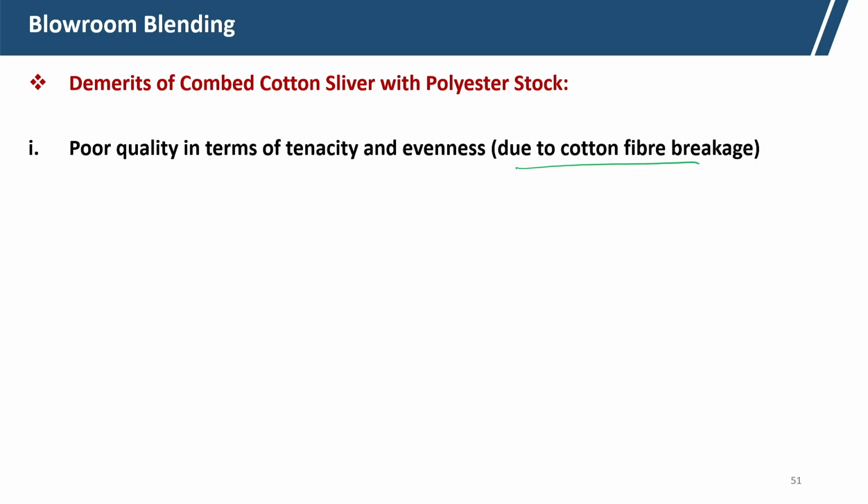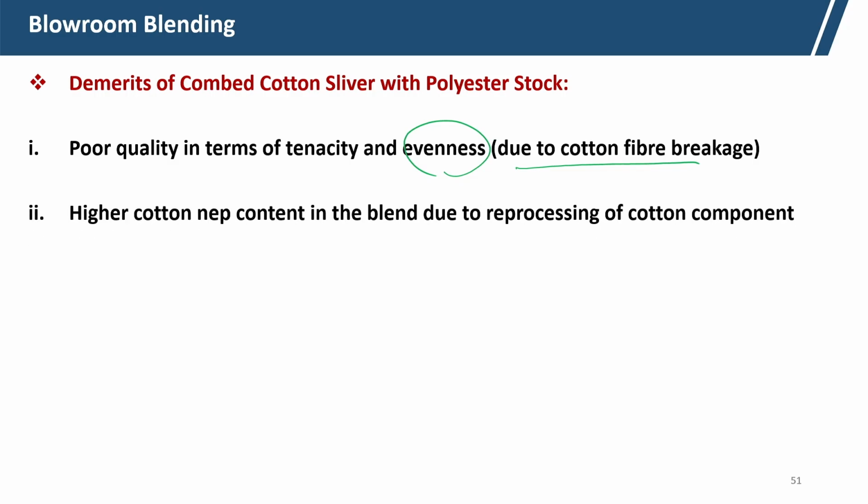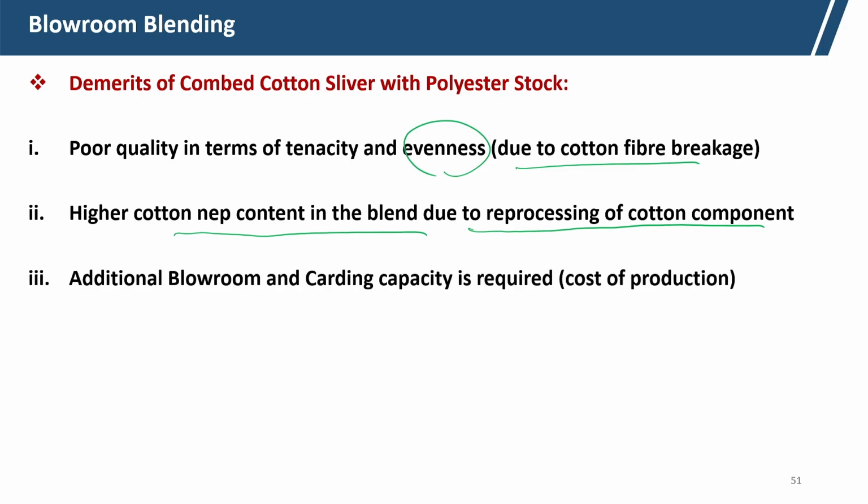So, yarn evenness drops, and sometimes it increases the neps. Higher cotton neps are there due to reprocessing of the cotton component. Cotton is processed twice through the carding, so nep generation will be there. Not only carding, in the blowroom also we are processing twice.